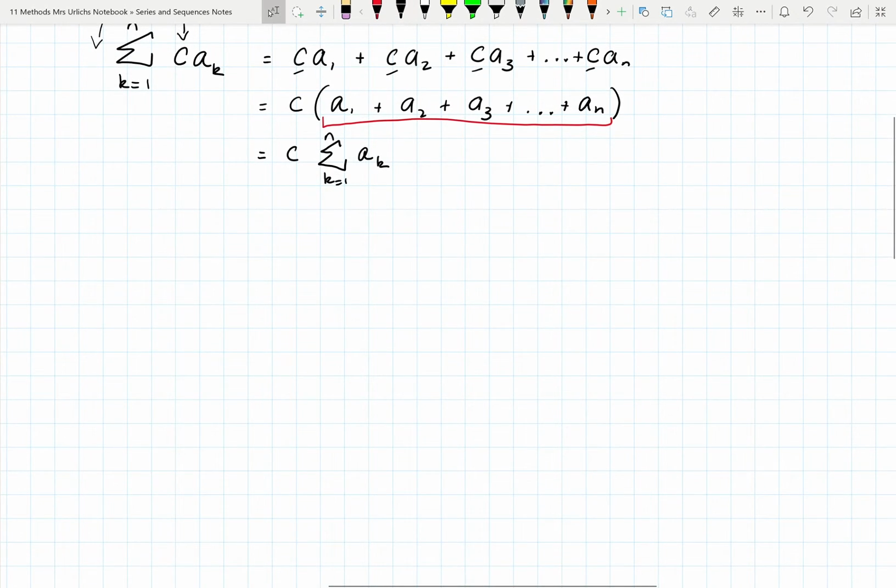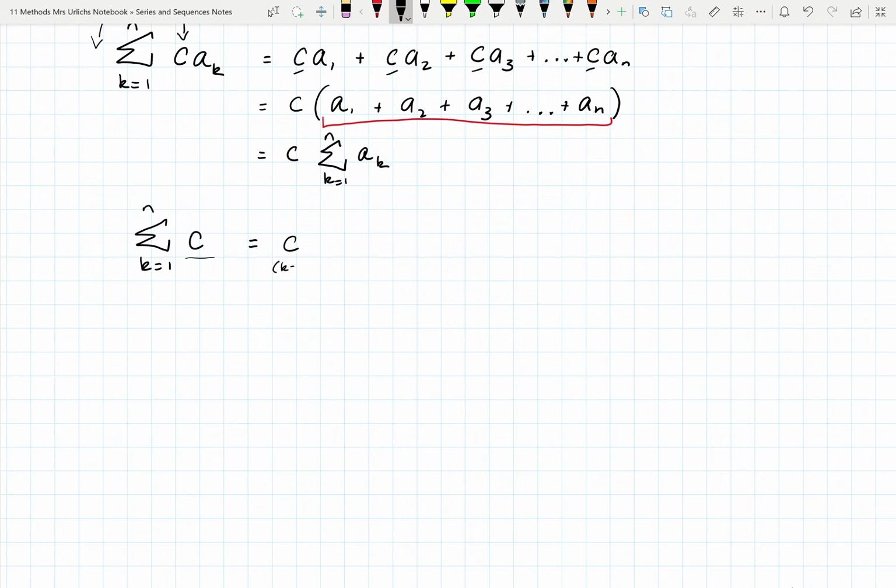All right, the third one that we're having a look at is what to do when we're talking about the sum from k equals 1 to n of a constant. So this time we don't have a term that k influences. Does it mean the whole thing collapses and it doesn't exist? It actually doesn't. What it means is we let k equal 1, and when k equals 1, our expression equals c.